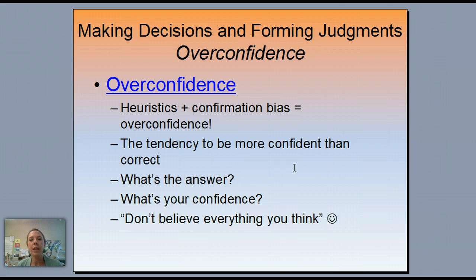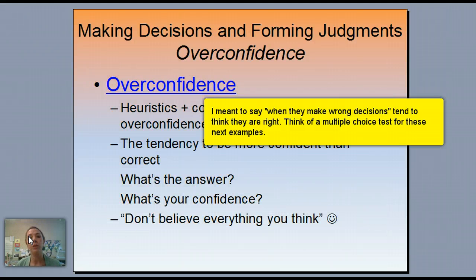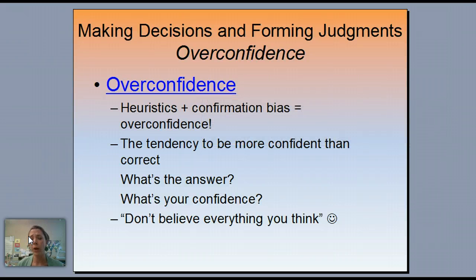But people tend to, even when they make right decisions, want to stick with the decision that they made. They want to be right. So how they tested this: they would ask, what is the answer to this multiple choice question? And then after that question, they would ask, what is your confidence on how right you were?